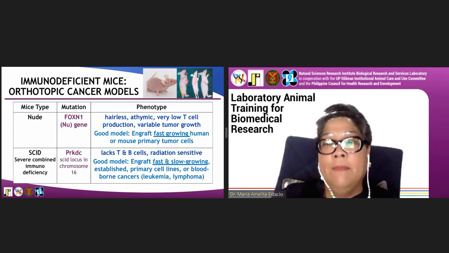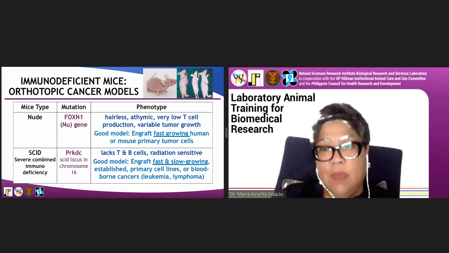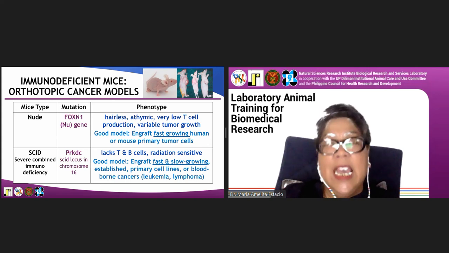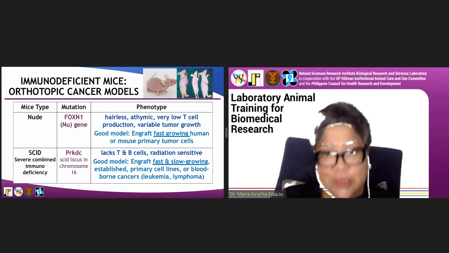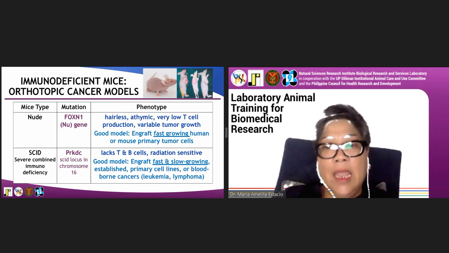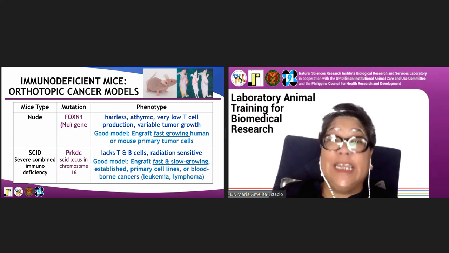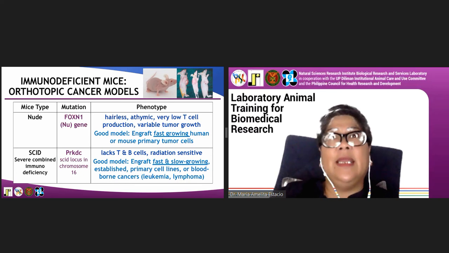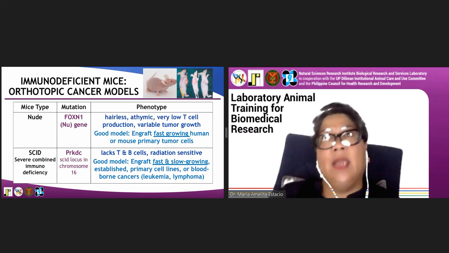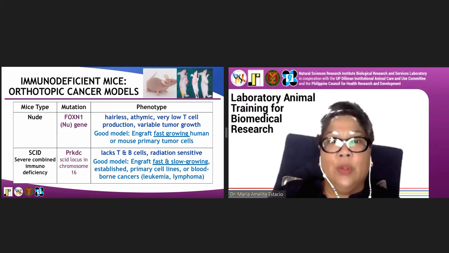Okay? And this is a very good model for leukemia and lymphoma studies, aside from the other cancers. However, this is radiation sensitive. So if you plan to use radiation as part of your protocol, you have to take note that the skin is radiation sensitive.